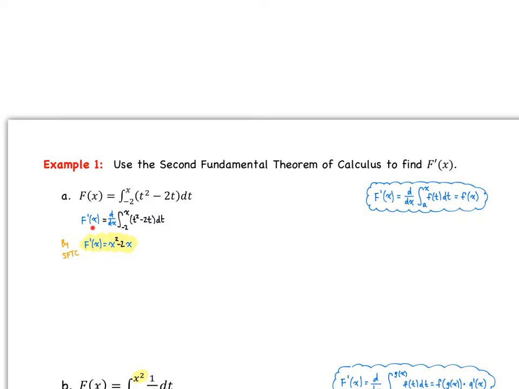So all we're going to do to find the derivative is take this x and plug it into that function. So by the second fundamental theorem of calculus, SFTC, we get f prime to equal x squared minus 2x, simply substituting the x for the t.